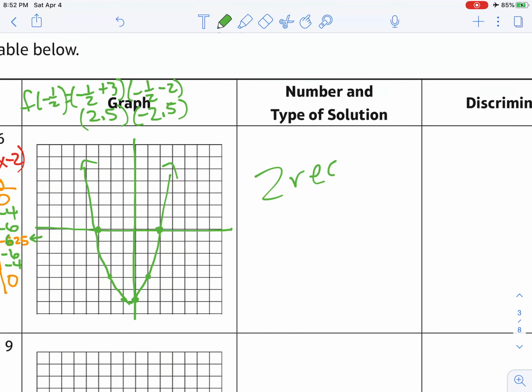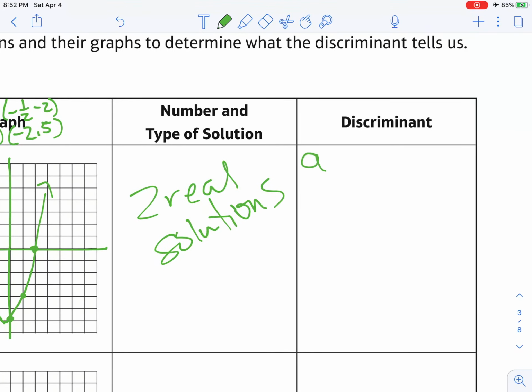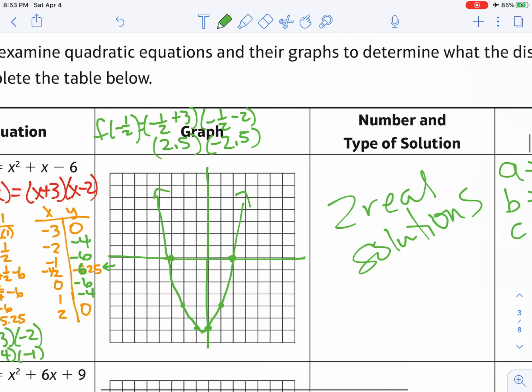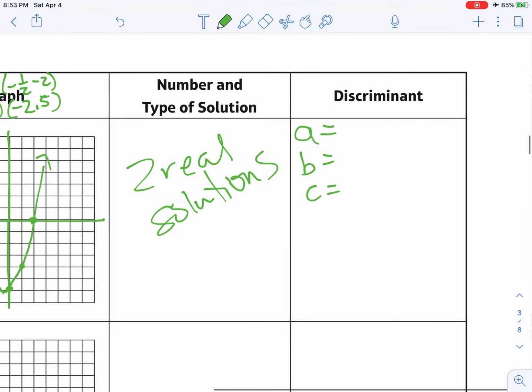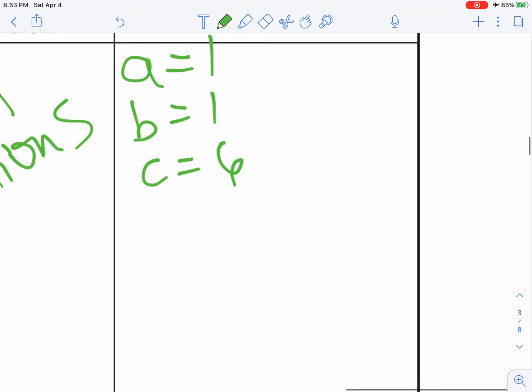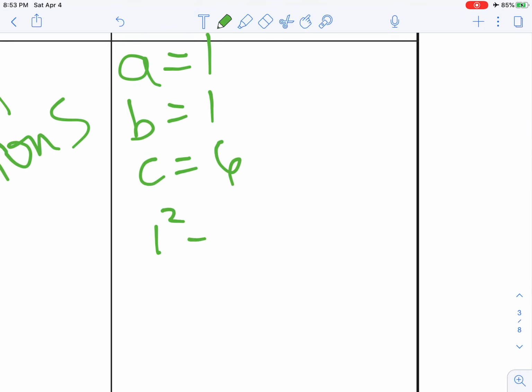So how many solutions are there? 2 real solutions. What's my discriminant? So my A value, my B value, B value, C value. So my A value is 1, my B value is 1, my C value is -6.